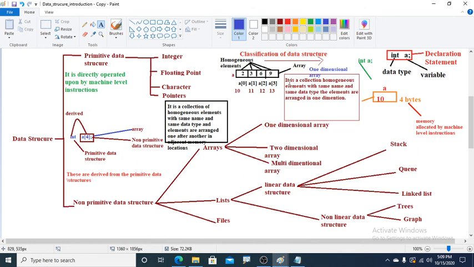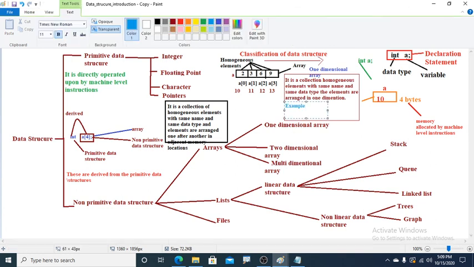So what is the example for the one-dimensional array? I am taking the example here: int a of 10. This is a one-dimensional array example. What is the two-dimensional array example? int a of 5 of 5. This is a two-dimensional array example.